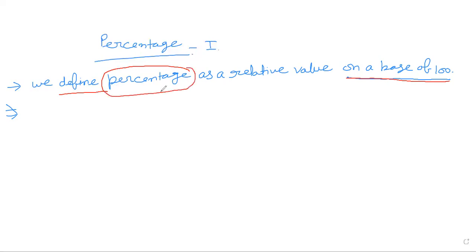Okay, it's all about cent per cent. Let's see in the next step. That is why it is percent, right? Percent.